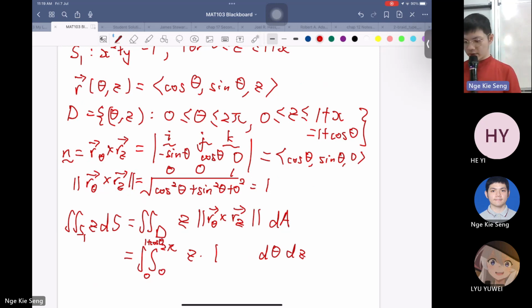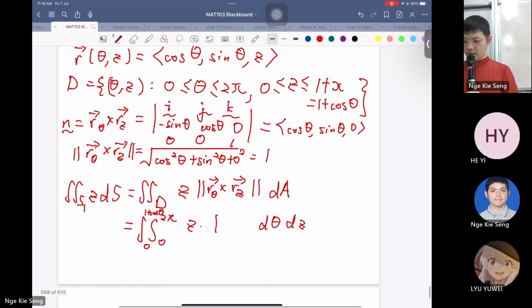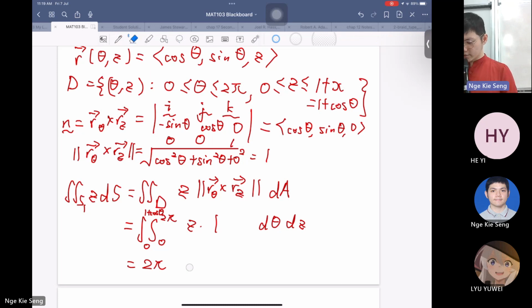So what do you get here? Let me see. Should we do it like this? We can integrate 2 pi and then 0 to 1 plus cos. Oh, we cannot do this because dz depends on theta.